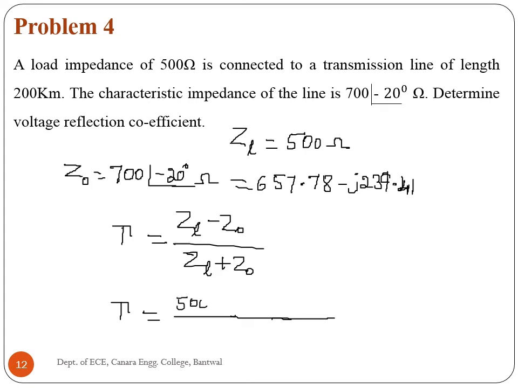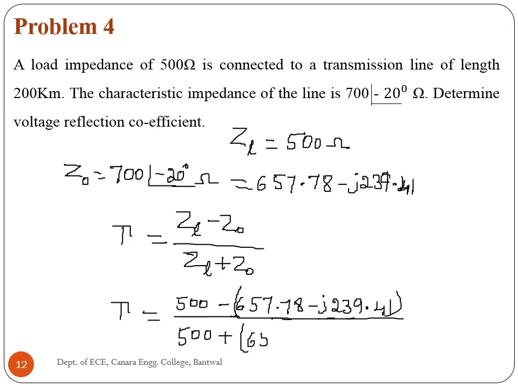ZL is 500 minus 657.78 minus J 239.41, divided by 500 plus Z0, that is 657.78 minus J 239.41.